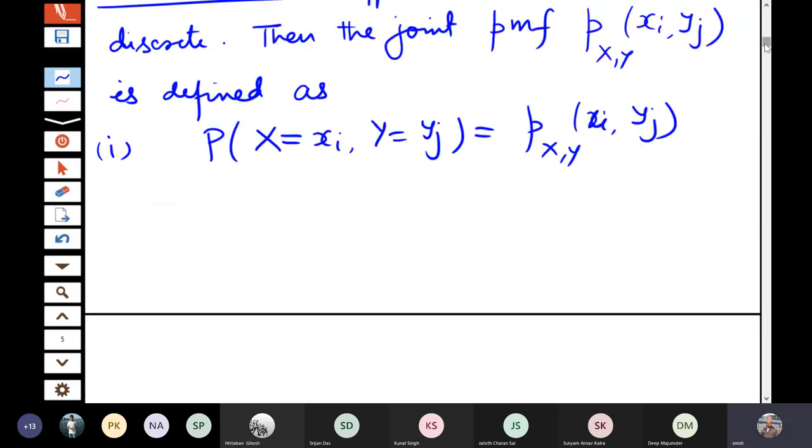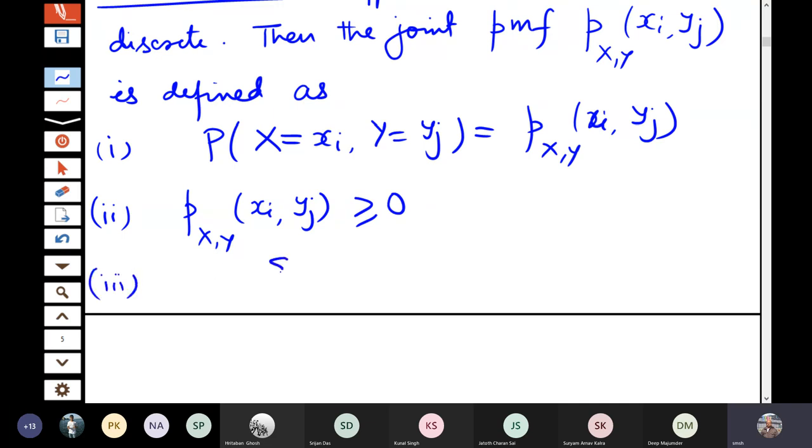As in the case of one variable, where we had the probability of x equal to xi as p(xi), these probabilities are non-negative, of course, and the sum over all the possible values is equal to 1.